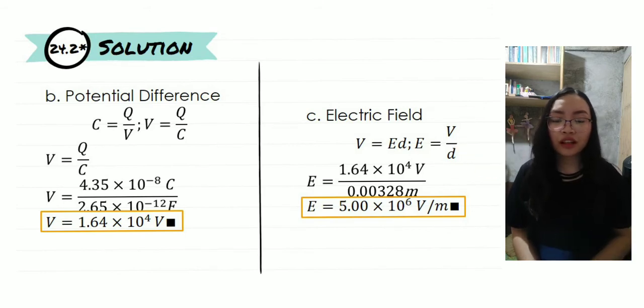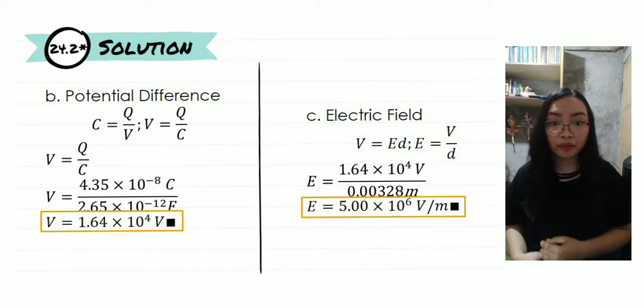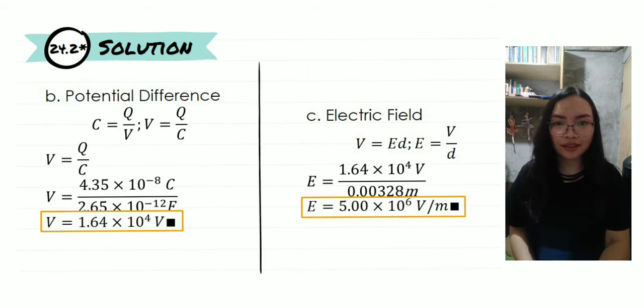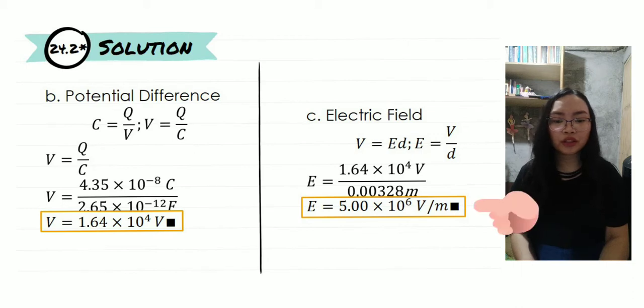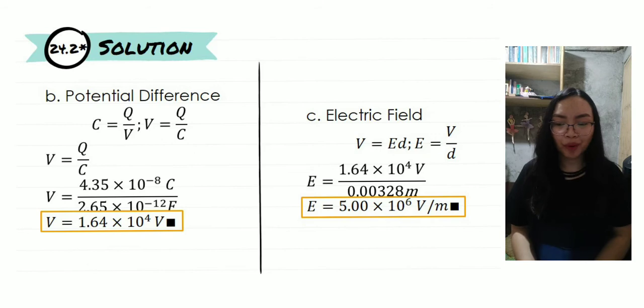We obtained the value of the voltage or the potential difference in part B of this solution. So we need to substitute that into the equation along with the distance. So once we do that, we'll obtain the magnitude of the electric field, which is equal to 5.00 times 10 to the 6th volts per meter. So that is the answers for our first problem.